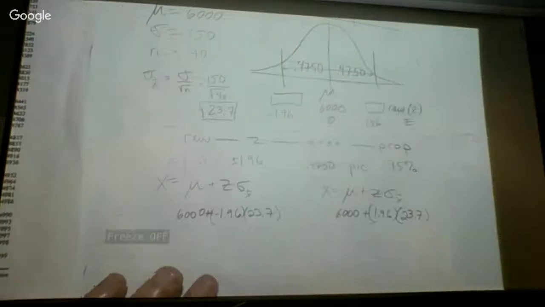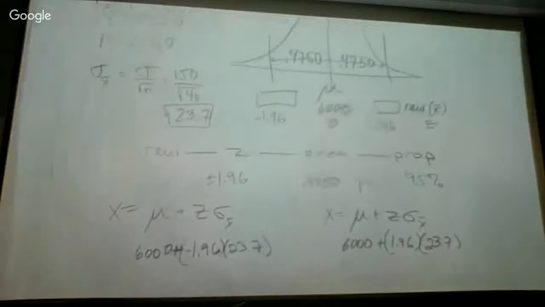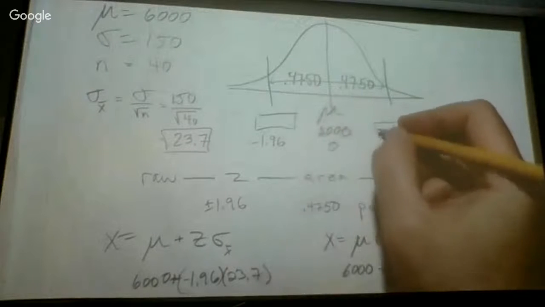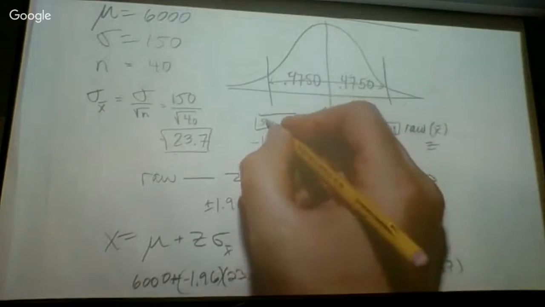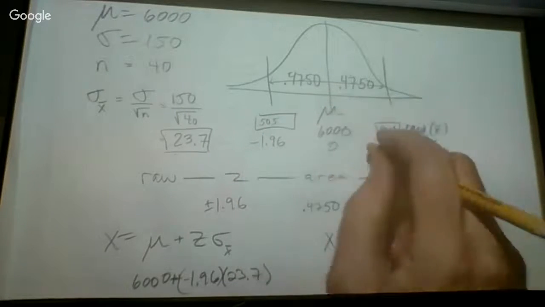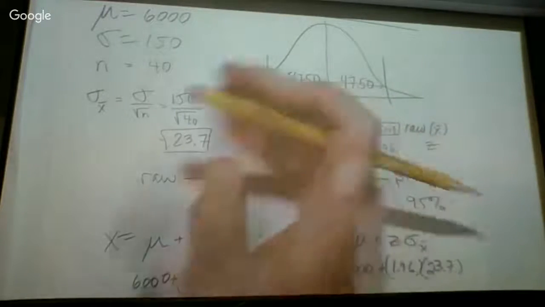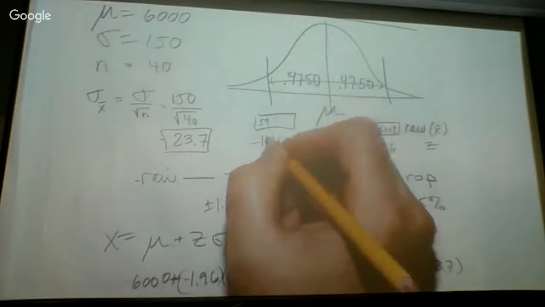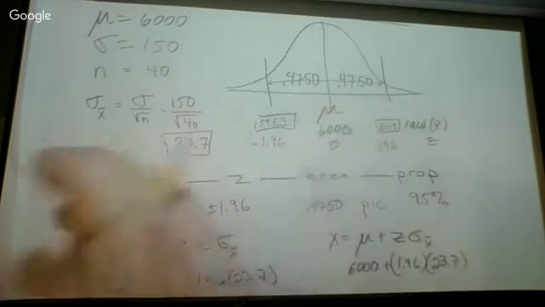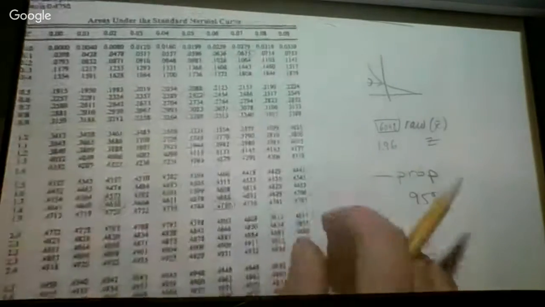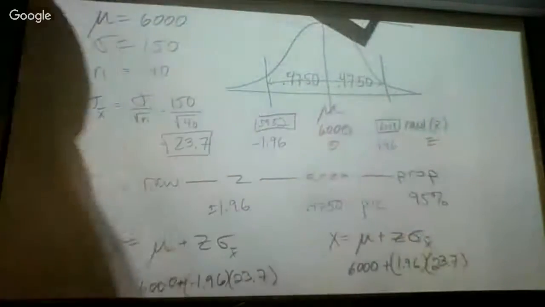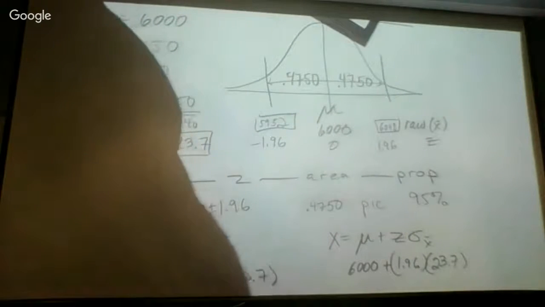So I get something around 5,952 and 6,048, something around there. Assuming my math is correct, which it isn't always. That's why I have Excel.